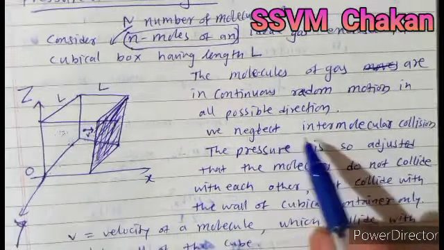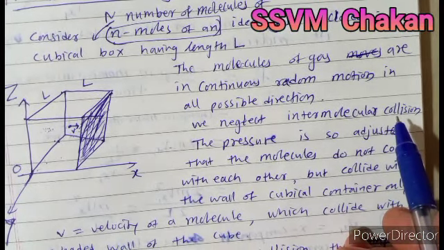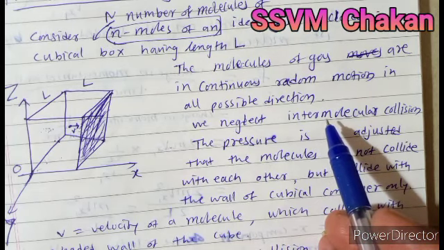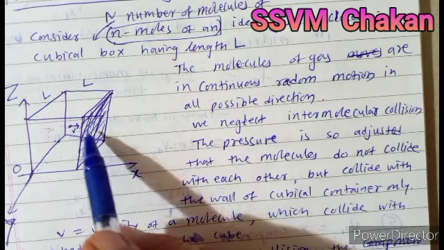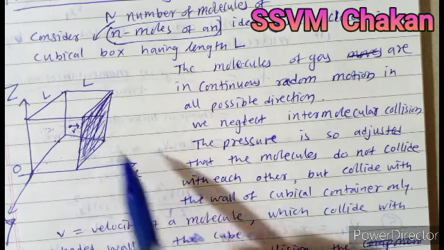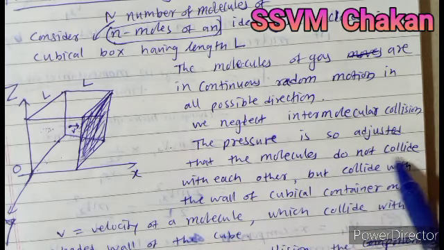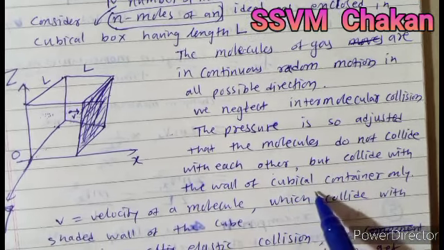We neglect intermolecular forces and intermolecular collisions, that means one molecule colliding with another; that collision we are not considering. We consider the collision of molecules on this face. The pressure is so adjusted that molecules do not collide with each other but collide with the wall of the cubical container only.